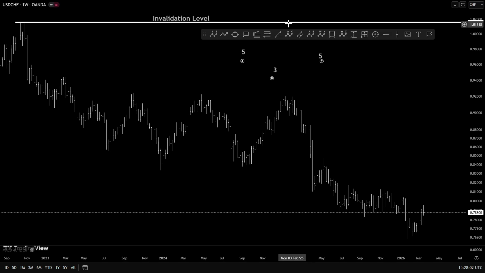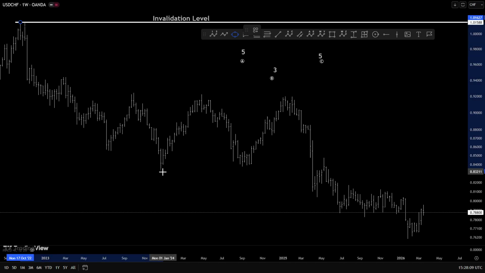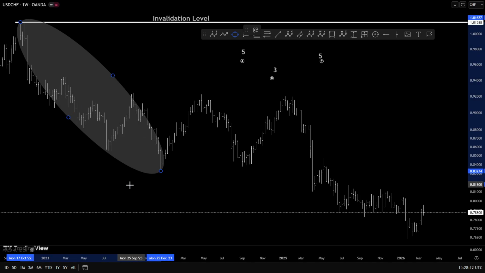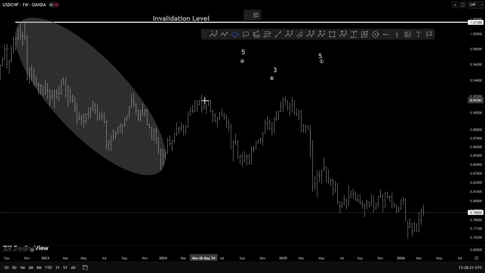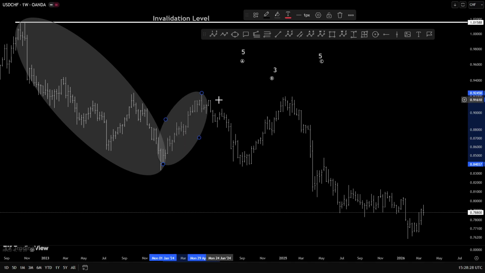Now let's start by identifying the impulse. When you look at this place all the way down, you know this is an impulsive wave. And after the impulse, we have what? A corrective structure, which goes all the way here. After the corrective structure, we have another impulse to go all the way down.